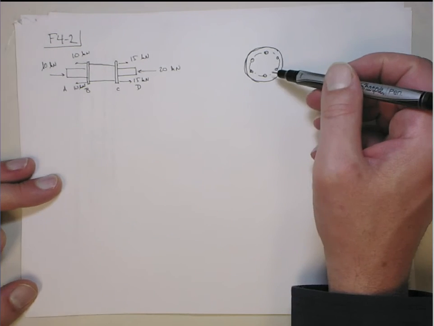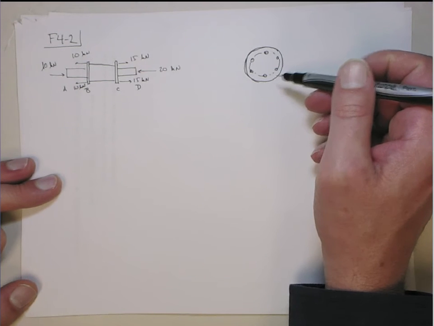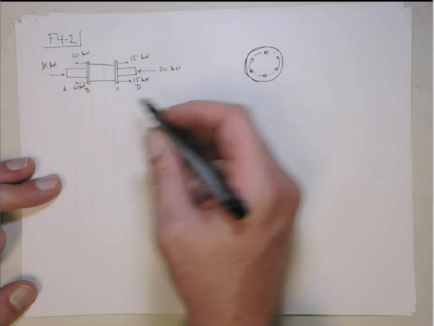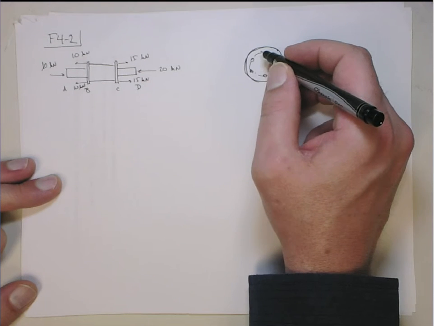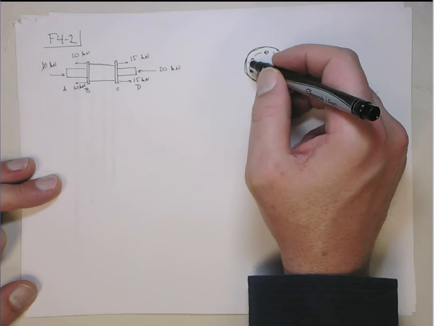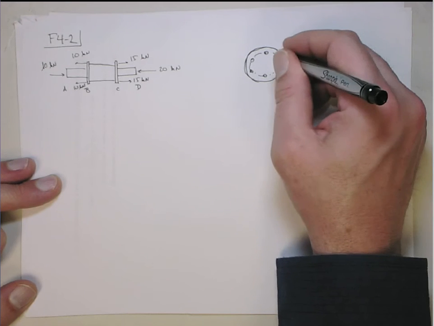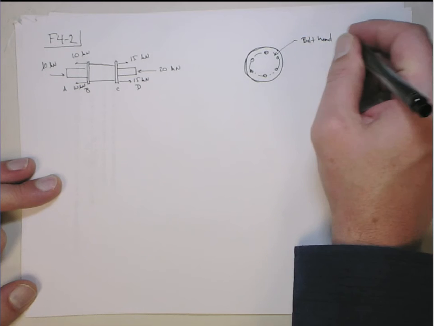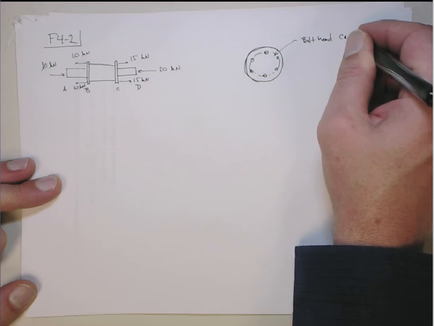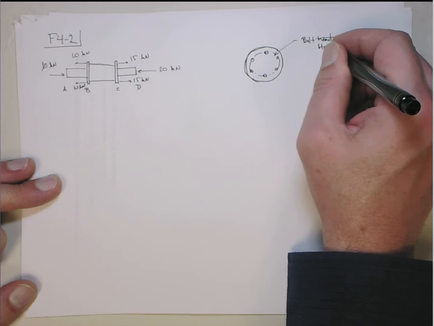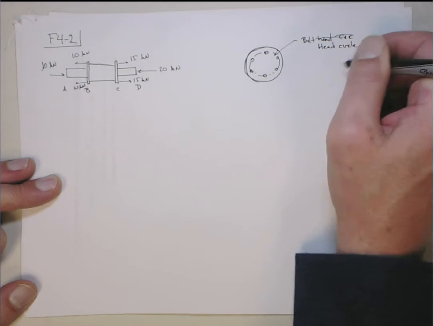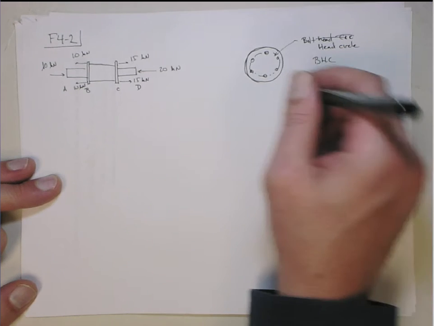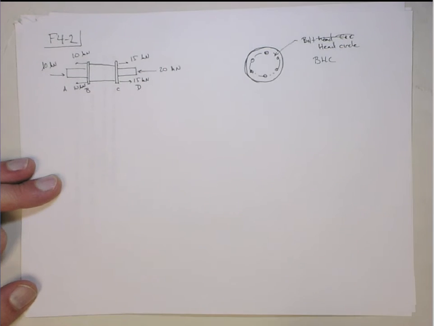So in fact, I drew 6, there could be 8, there could be 4, it doesn't really matter, okay? And what's probably intended here is that there's a net force acting on this bolt circle. This is called a bolt head circle, sometimes abbreviated BHC, on that flange, and there's probably a net force of 30 kilonewtons, okay?